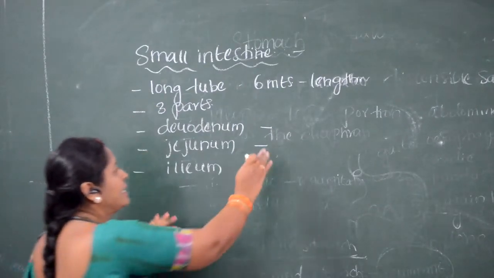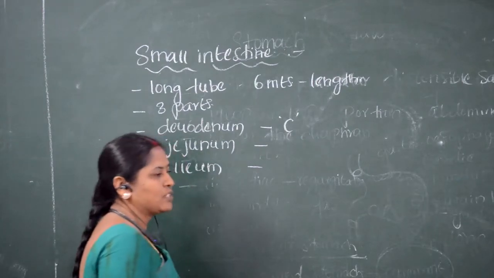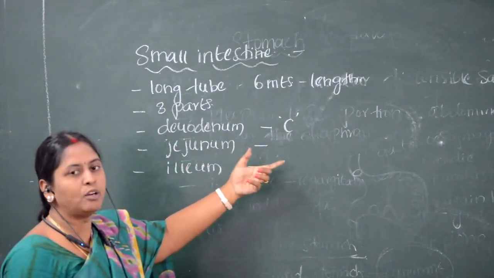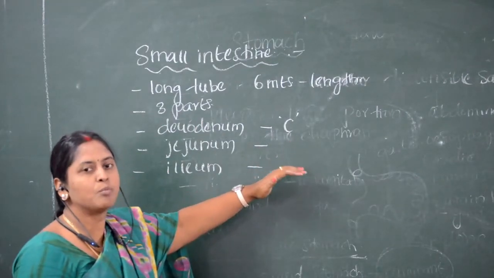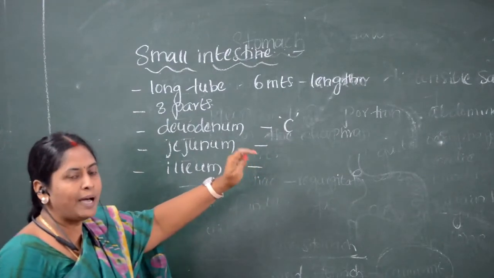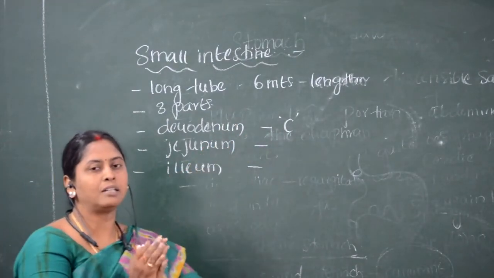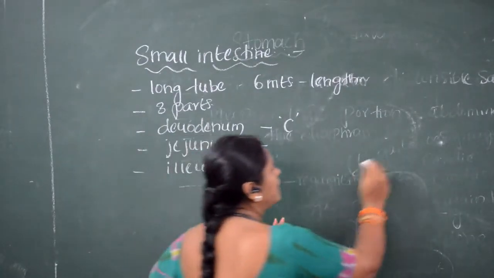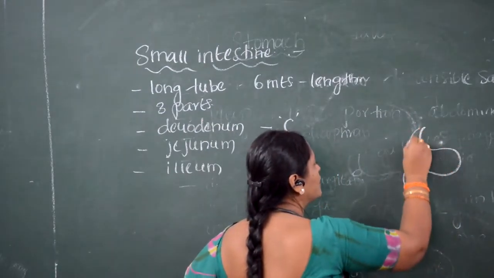The duodenum is a C-shaped structure. The pyloric part of the stomach continues or comes down as the small intestine. That part we call the duodenum, the first part of the small intestine. We have already discussed the stomach.